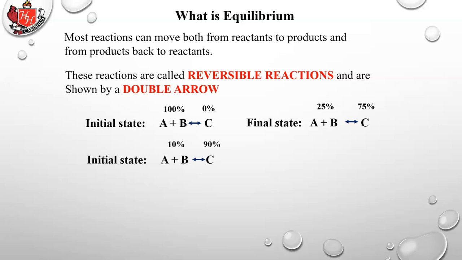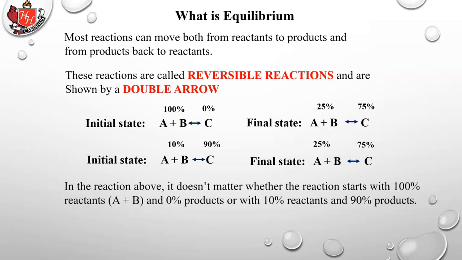Now you could also start with mostly reactants, or you could start with mostly products. You could start with 90% products and only 10% reactants, but what you would end up with under those same conditions is the same final equilibrium of the reaction, so 25% reactants and 75% products.